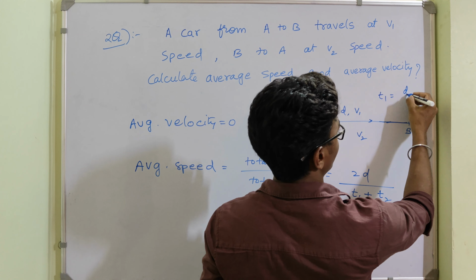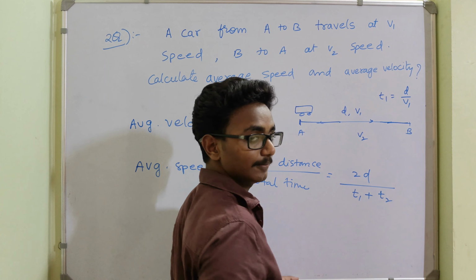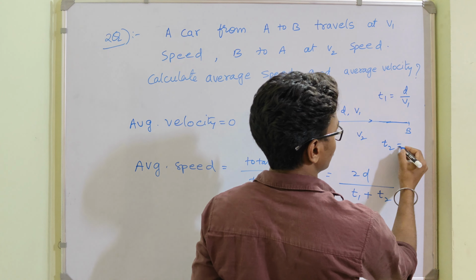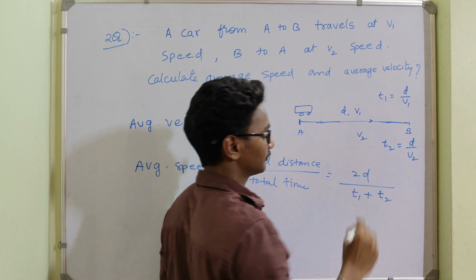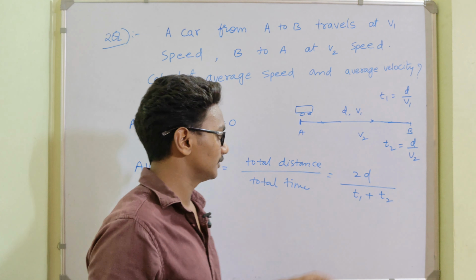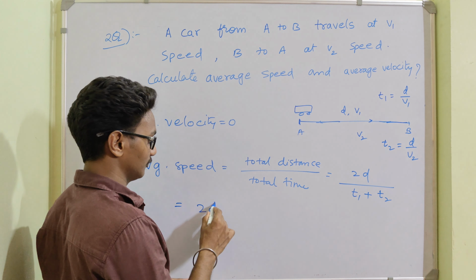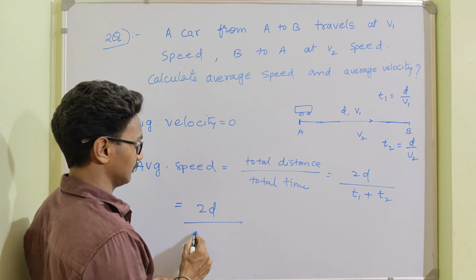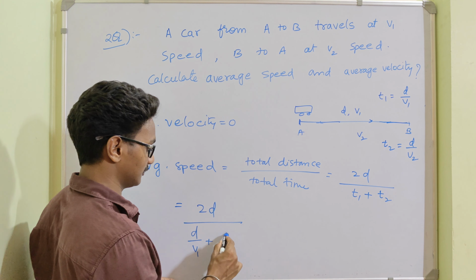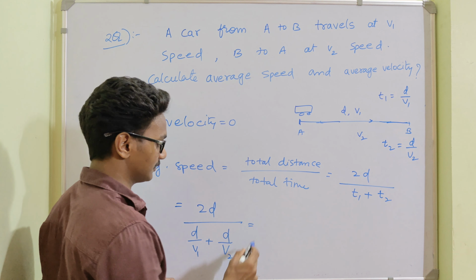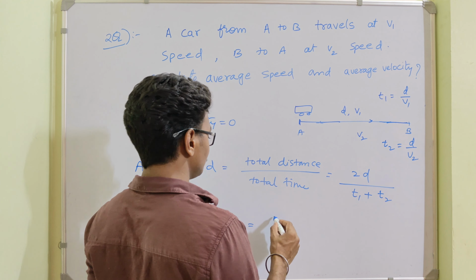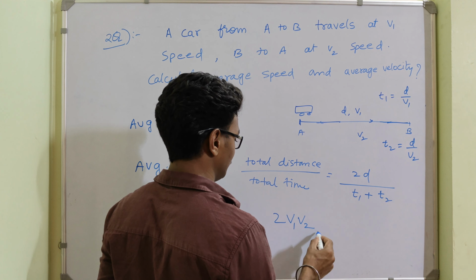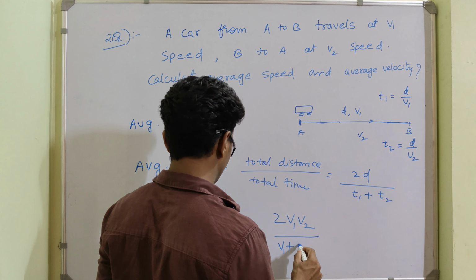Time is distance by velocity, right? T1 is D by V1, T2 is D by V2. Substituting these two values, it becomes 2D divided by D by V1 plus D by V2. Simplify this. It becomes 2V1V2 by V1 plus V2.